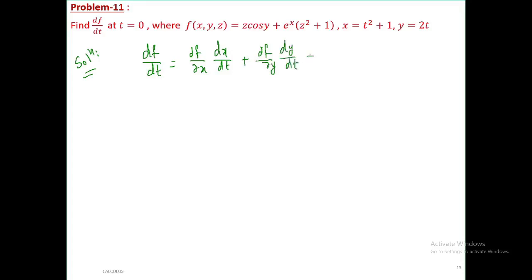Plus again ∂f by ∂z, because it is a function of 3 variables, right, and dz by dt by chain rule. That's it. So substitute all the unknowns and at the end you substitute t is 0, same as problem number 10. So take this one as an exercise, try it on your own. Okay, next one.